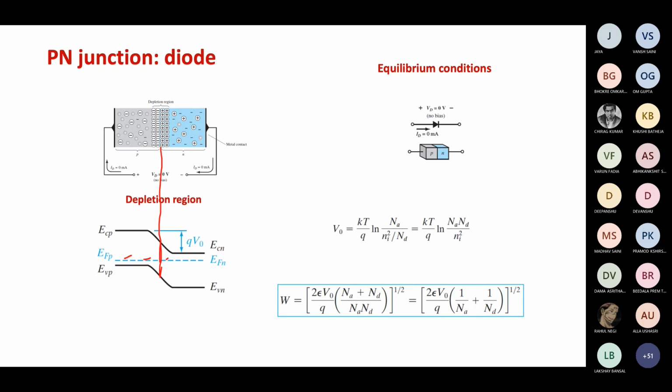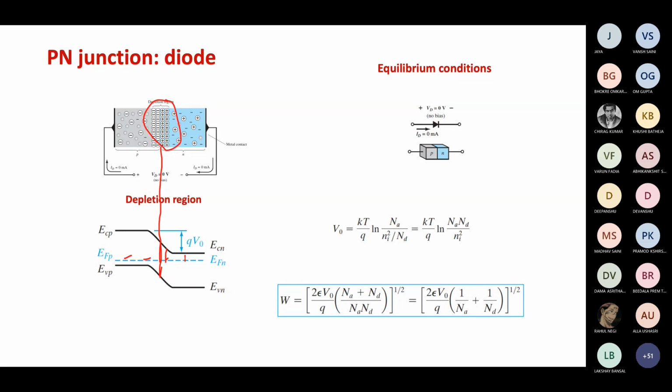So the picture that we obtain from this kind of diagram is that there is no electron, no hole in the depletion region. That is not true practically. There are electrons here, there are holes here, but the number of electrons compared to the number far away from the junction is very less, because this distance is now more.